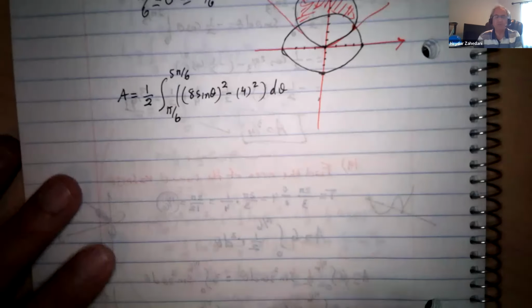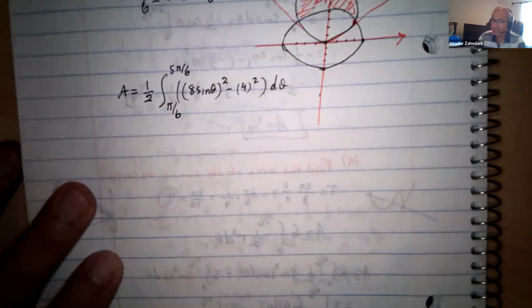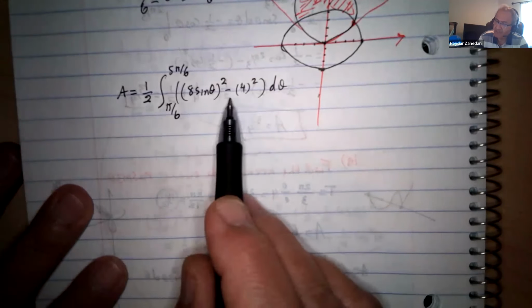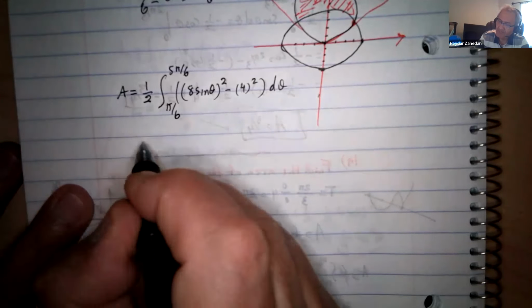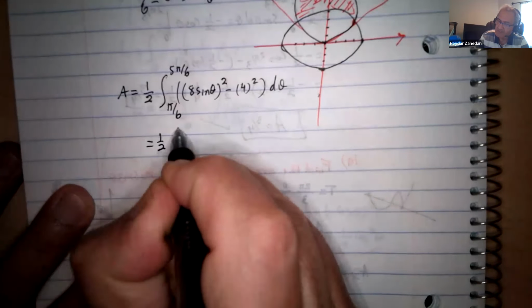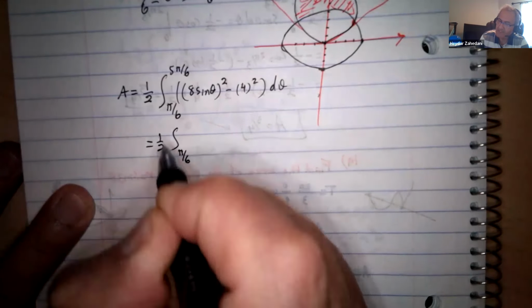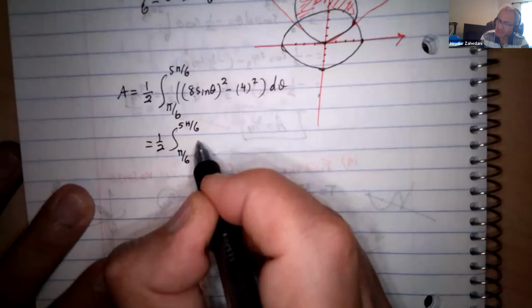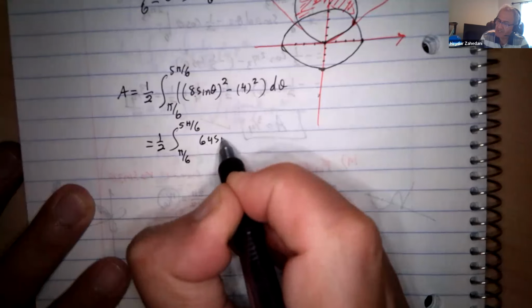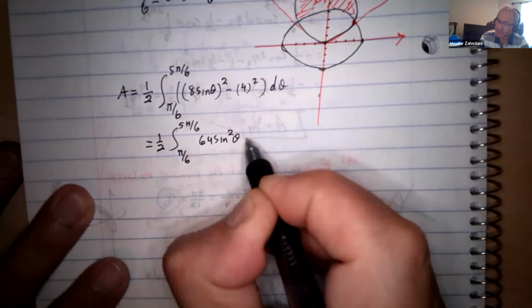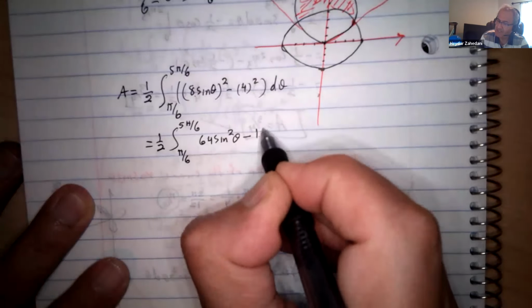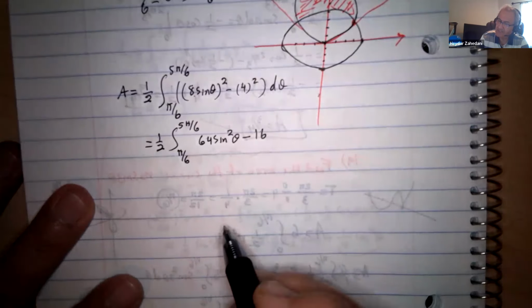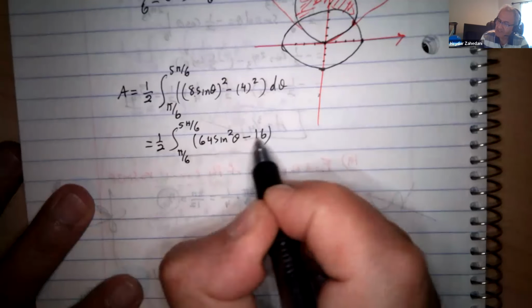Okay, the difference. Even if you don't graph it, you can find this one right away. So you have to square it and simplify it, then integrate it. It's going to be 1/2 integral from pi/6 to 5pi/6 of 64 sine squared theta minus 16, d theta.